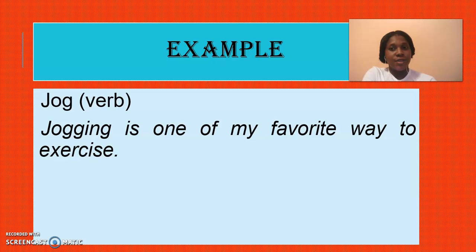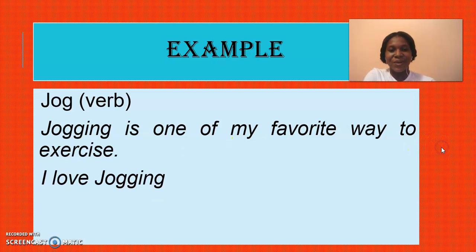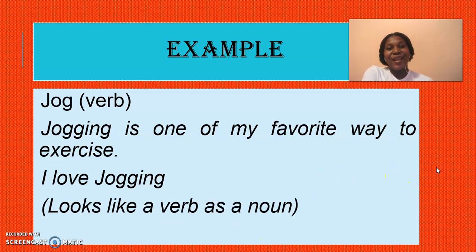And listen to this sentence. Jogging is one of my favorite ways to exercise. If you can see here, we use jogging as a gerund, not as a verb. Good. I love jogging, for example. Okay. Excellent. Looks, again, like a verb as a noun.